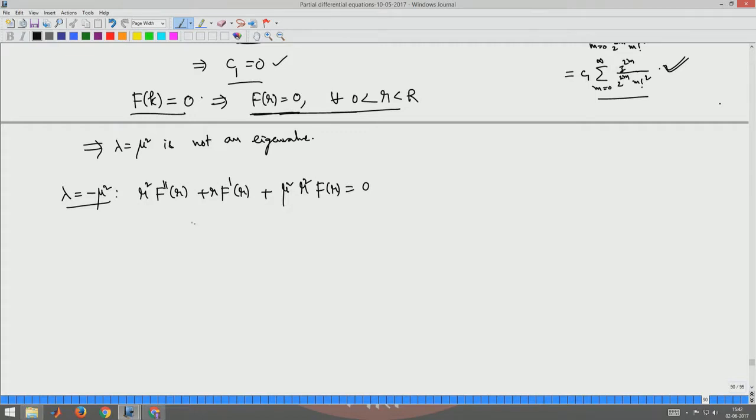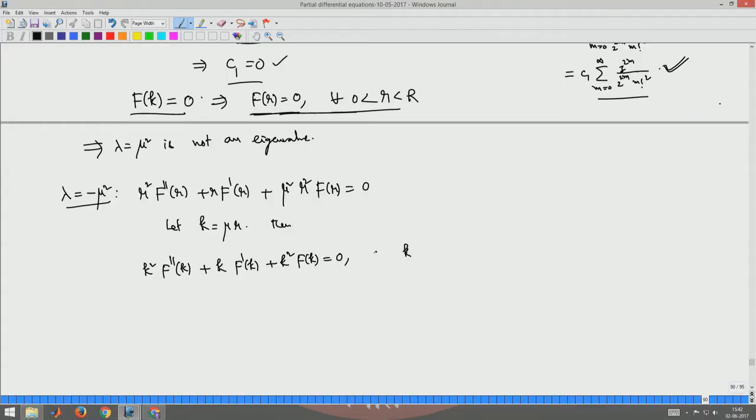Now, you change the variable. Again you use the same argument, k equal to mu r, then change the independent variable r to k. So, what you get is k square f double dash of k plus k times f dash of k plus k square f of k equal to 0. So, this is the equation.